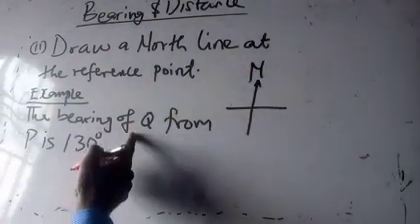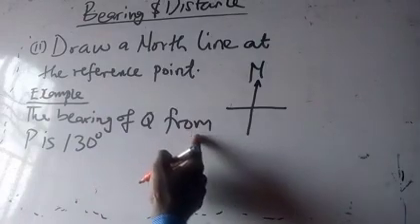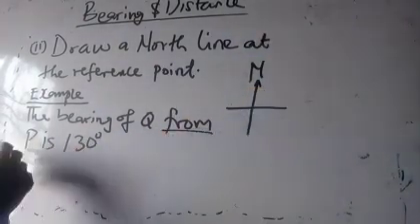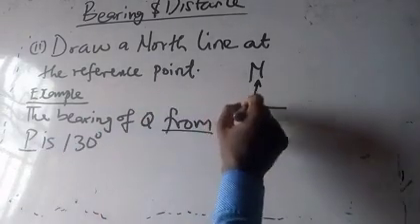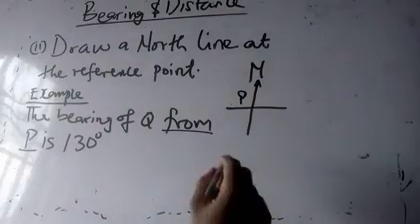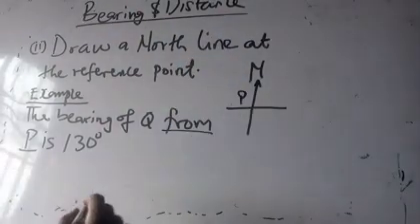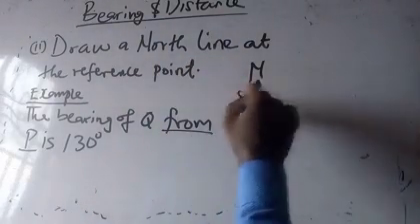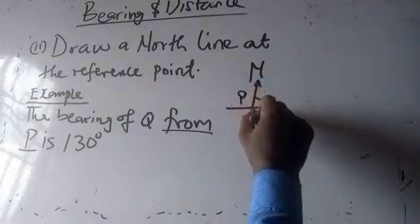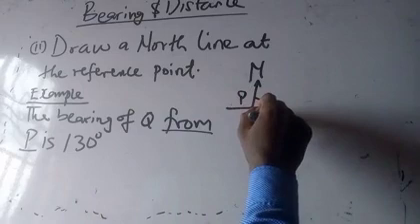The bearing of Q from P. I told you that time, from P, the starting point is P. From P is 130 degrees. The bearing of Q, so Q starts from the north pole. This is 90, then 40.